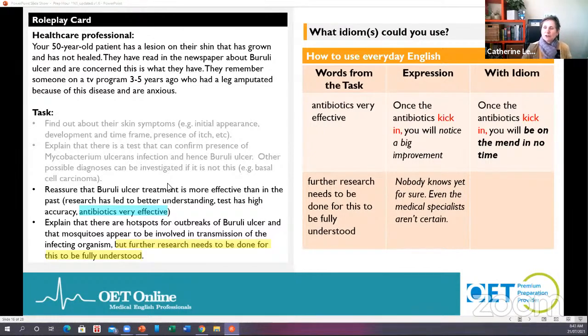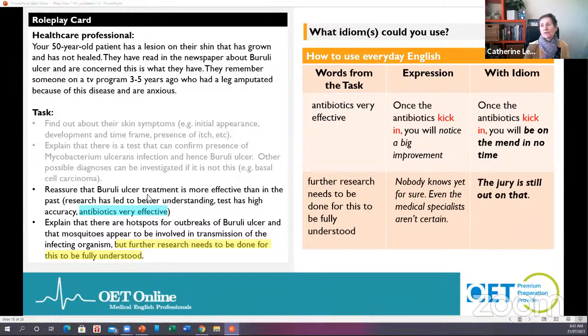So nobody knows for sure about this mechanism. I guess it's one of the reasons I chose Buruli ulcer. It's been in the news over the last, I don't know, five years here in Australia, particularly in the southern parts of Australia in Melbourne. Nobody knows yet for sure. We don't fully understand the transmission.